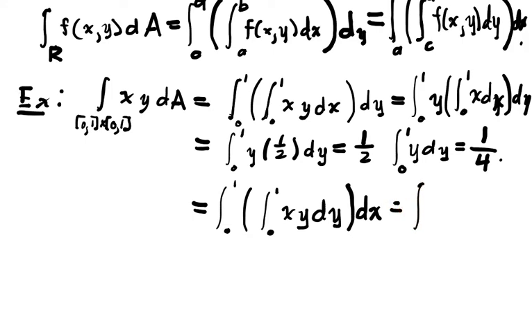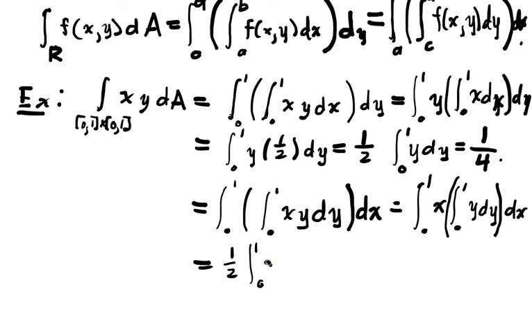Well, because of symmetry, of course, this is going to be a similar game. But now since x is fixed, I draw out the x variable. I have to integrate this guy. And you see that this will also equal 1/2 integral from 0 to 1 x dx. And you'll still acquire 1/4.